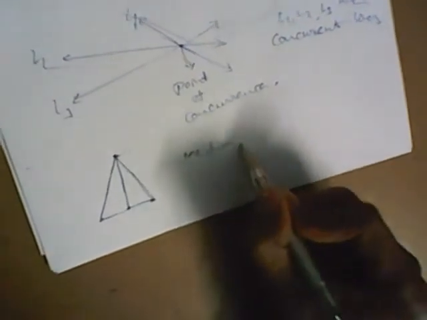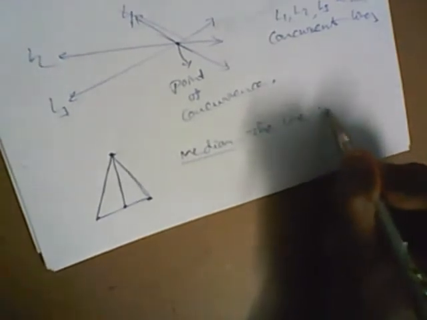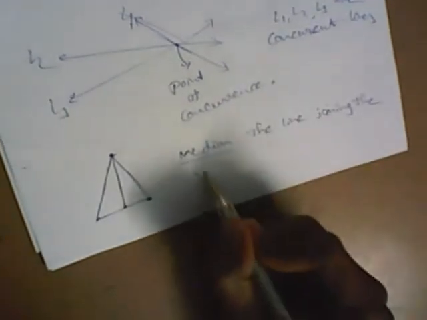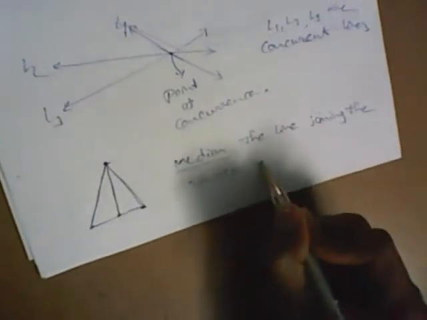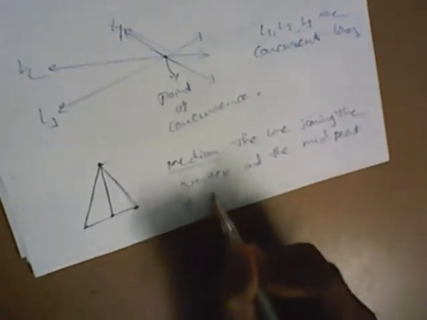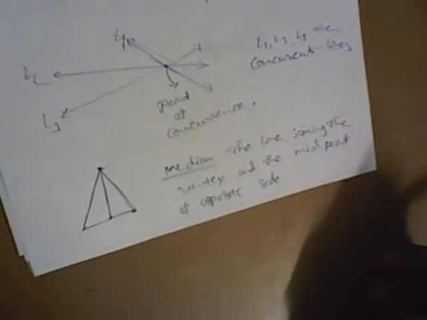What is meant by median? Median is nothing but the line joining the vertex and the midpoint of the opposite side.